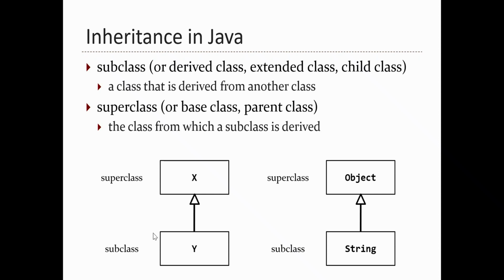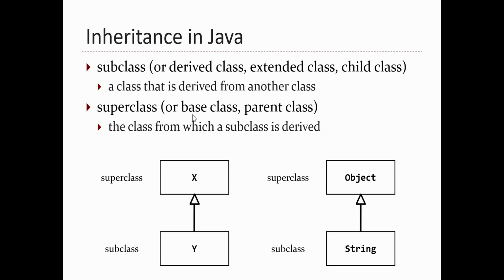To draw the UML class diagram showing the relationship between these 2 classes, you take the subclass and you draw an arrow pointing to the superclass or the parent class. That arrow has a very specific form: it has an open triangle. Surprisingly, the different arrows in UML mean different things. So when you're drawing a UML class diagram that shows inheritance, it's important to remember to use the open triangle.